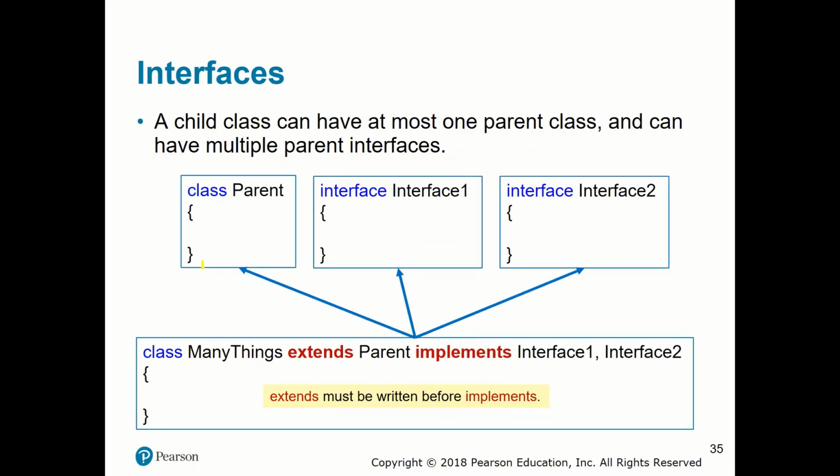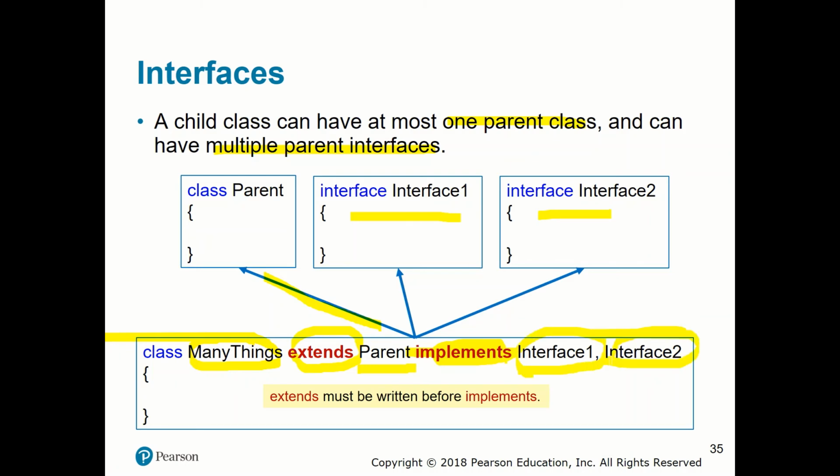A child class can have at most one parent class and can have multiple parent interfaces. So here, this class has one parent class. Since this is a class, we use the extends keyword, and then two parent interfaces: implements interface 1 and interface 2.